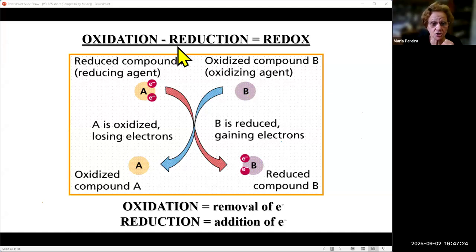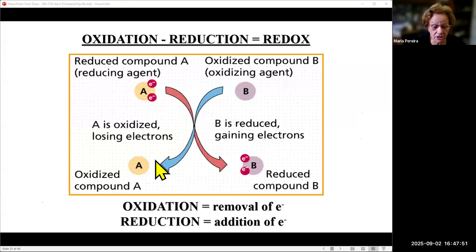So what happens in this oxidation reduction reaction? They are coupled. Compound A is going to release electrons, so it's becoming oxidized. Those electrons that are released when A is being oxidized are going to be accepted by B. So B now is being reduced.